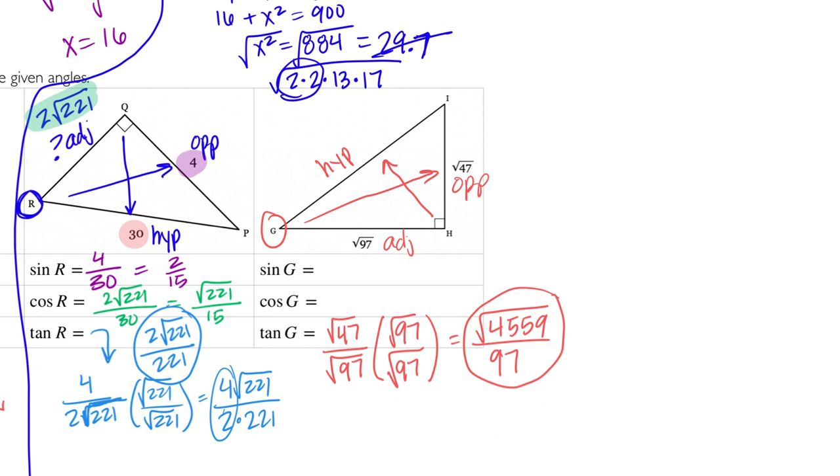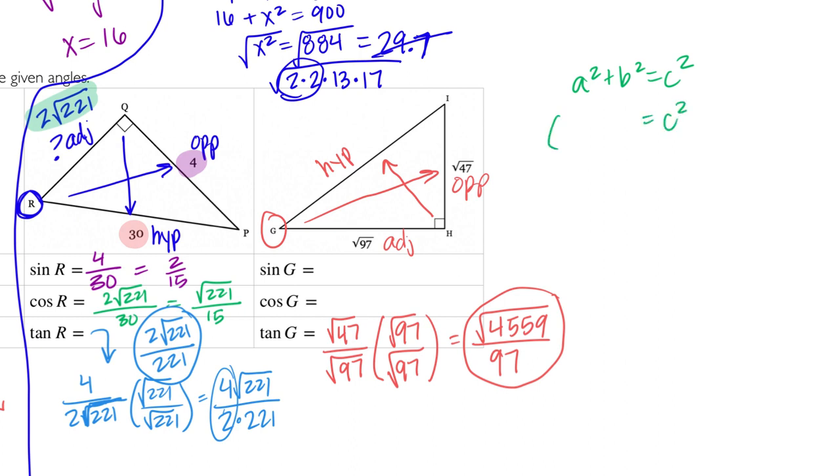Okay, so let's go back up to sine and cosine. So in order to find sine or cosine, we have to know what the hypotenuse is. So we have to figure that out, and we're going to use the Pythagorean theorem to do so. So a squared plus b squared equals c squared. C is the hypotenuse, so that's what we don't know.